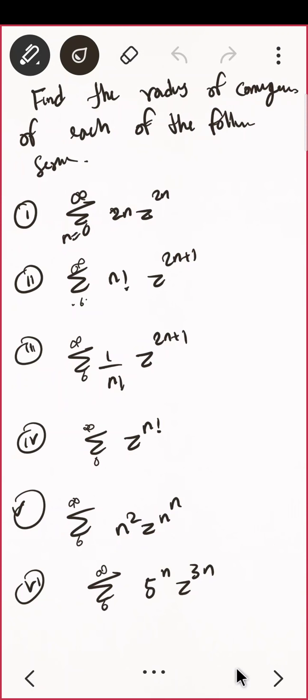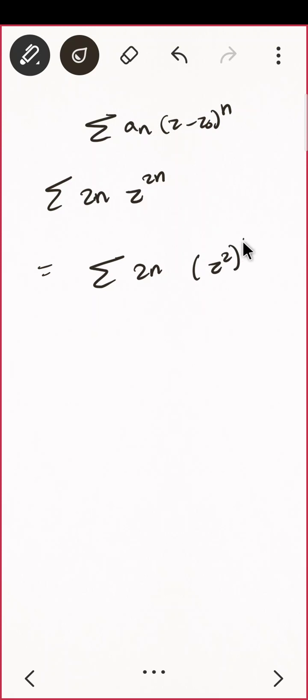The first one is summation 2n z raised to 2n, correct? What can you write this as? You can write this as 2n z square raised to n, correct? Now you can see it is of this form, z square, no issue.